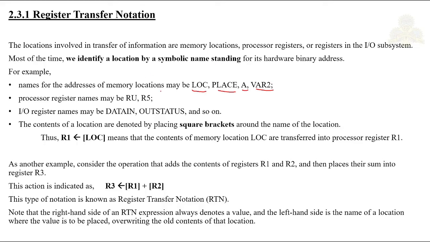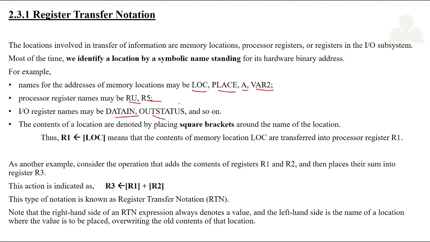Now suppose you want to use the processor registers. We know there are n general purpose registers in the processor, so the register names could be R0, R1, R5, etc. Apart from that, IO register names can also be used for IO systems such as DATAIN, DATAOUT, or OUTSTATUS.